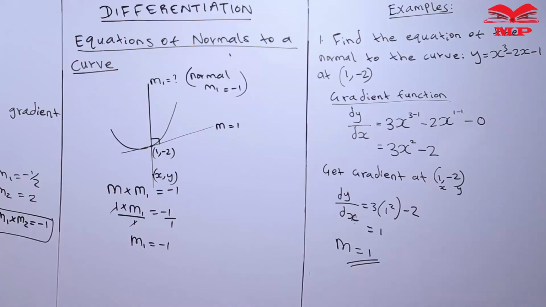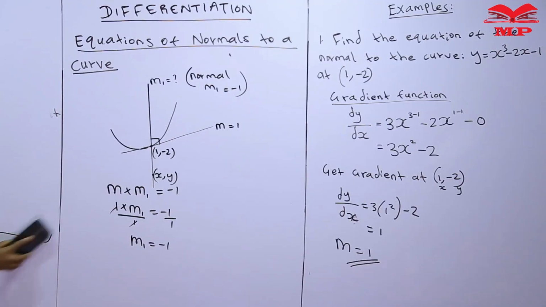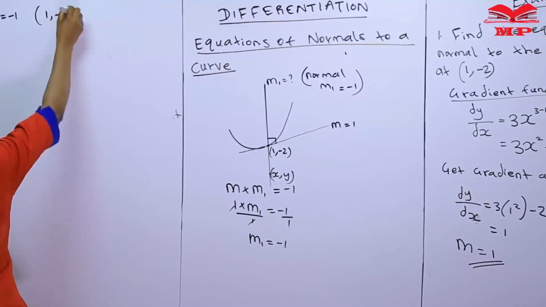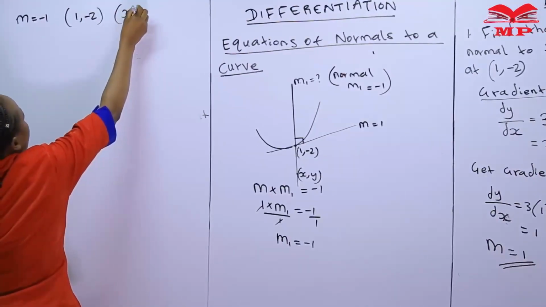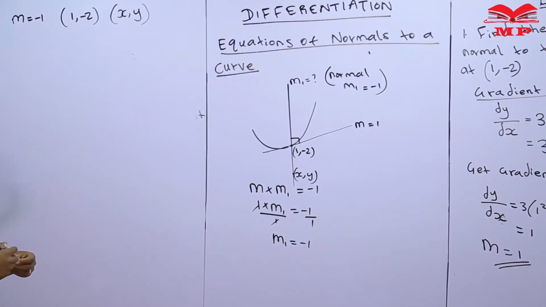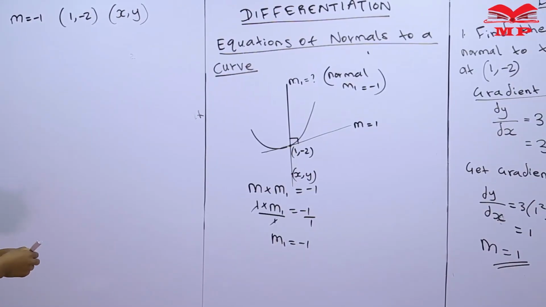So with this we can find the equation of the normal to a curve.